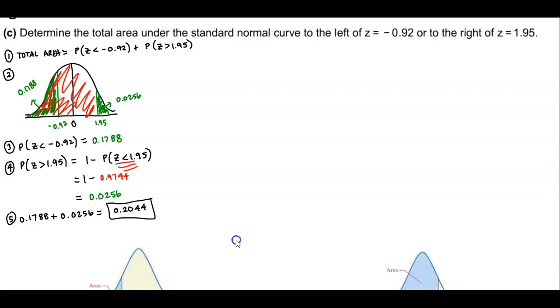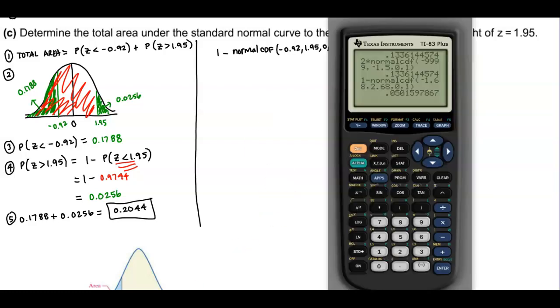Okay, and then likewise here, we're going to take 1 and then we're going to subtract, again, that formula, which is normal CDF, and the lower bound in the middle is negative 0.92. The upper bound is 1.95 with a 0 and 1. So let's go ahead and do that.